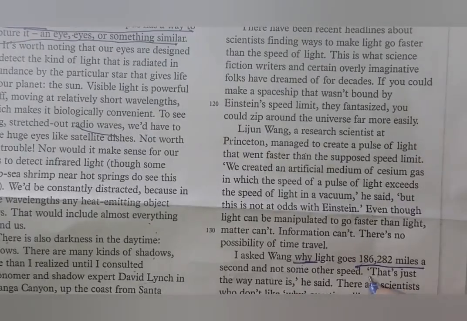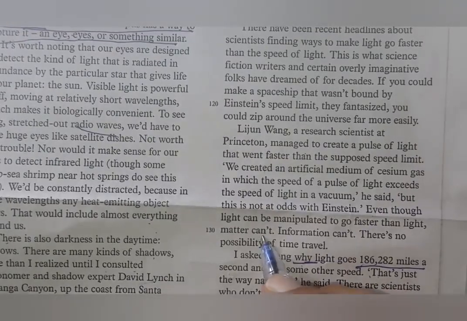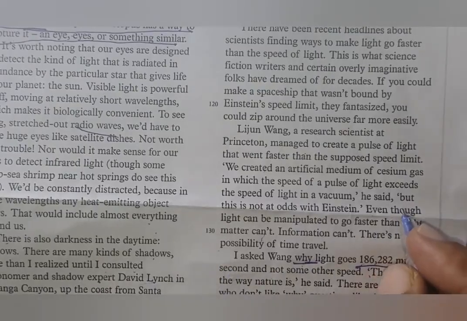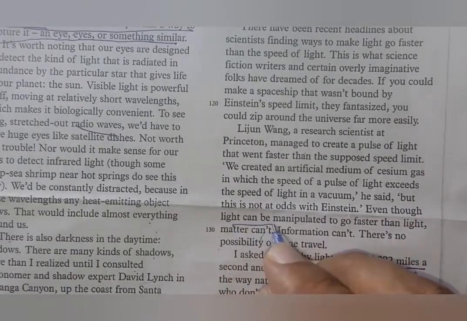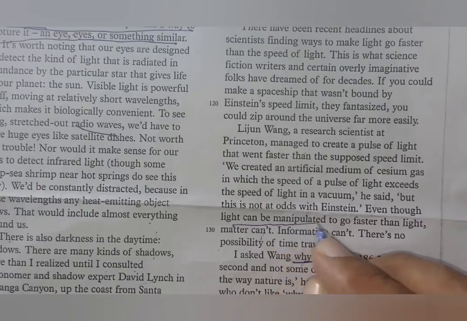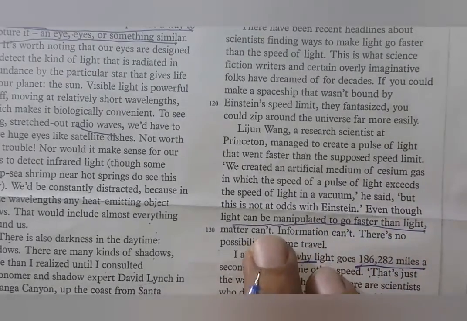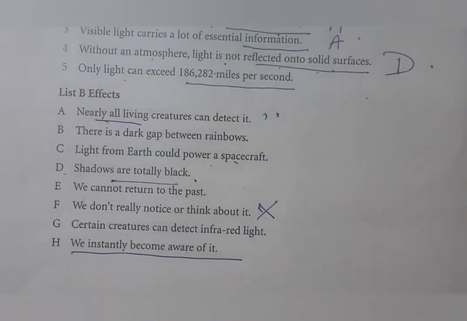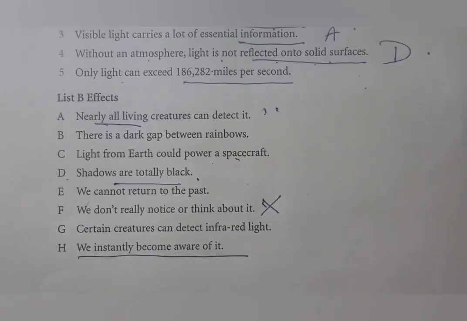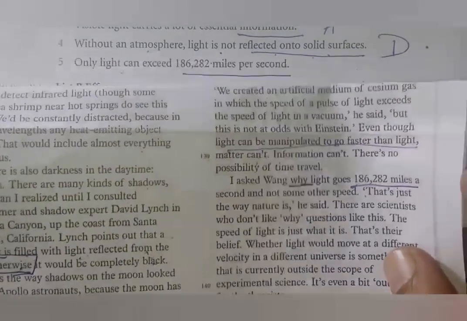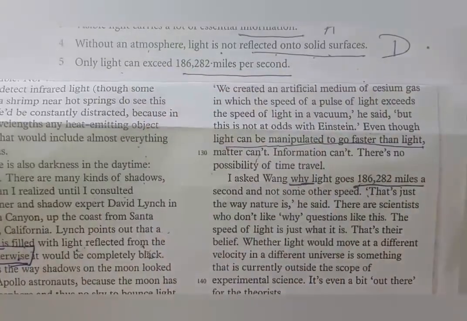That's just because it's in inverted comma. Even though light can be manipulated to go faster than light, matter can't. What is the statement here? Let me find the page. Only light it can exceed. Only light can exceed. One minute. Let's check it properly.